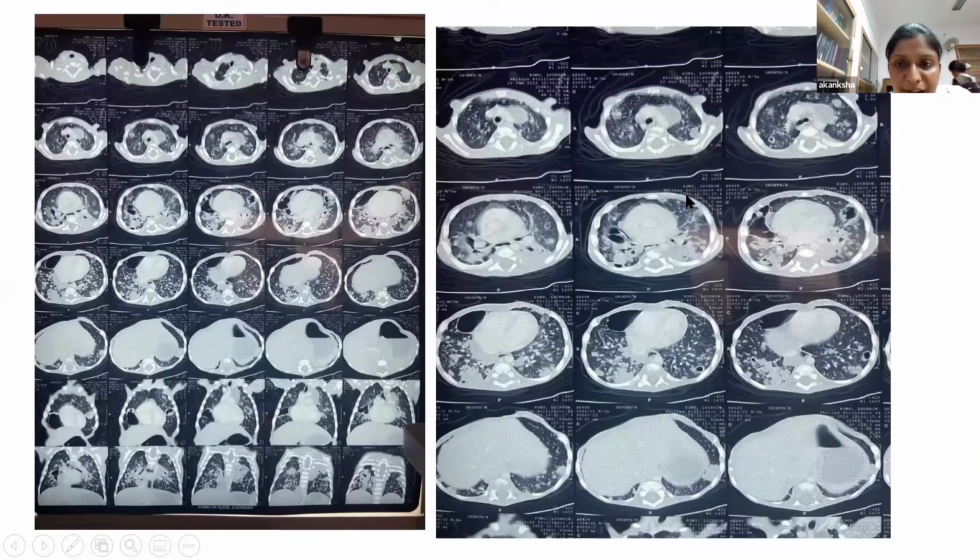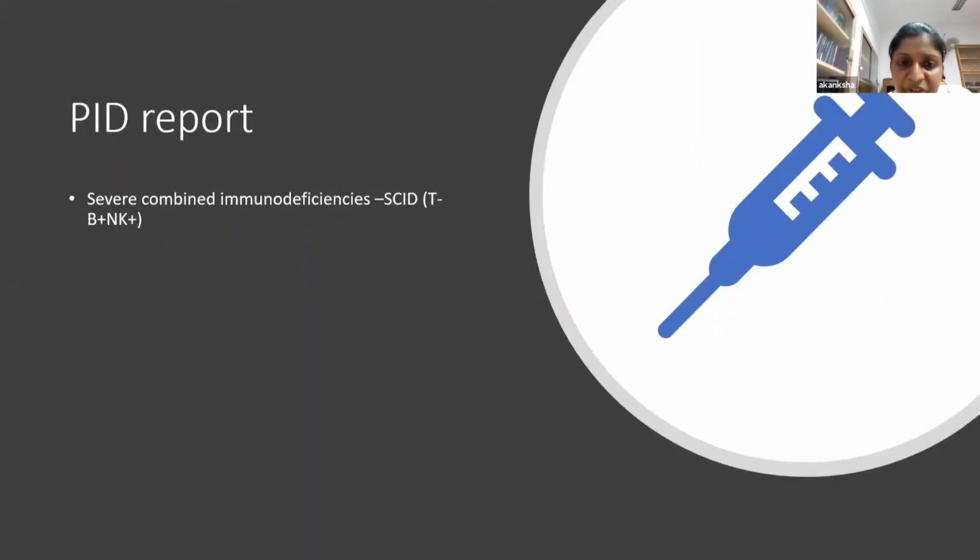CT thorax was also planned in this patient, which was suggestive of multiple ground glass opacities along with some fibrocavitatory changes, and radiologists reported this as consolidation with cavitation, query infective etiology, query fungal infection. We planned a PID workup for this patient and it came out to be severe combined immunodeficiency, SCID, type T negative, B positive, and NK cell positive.